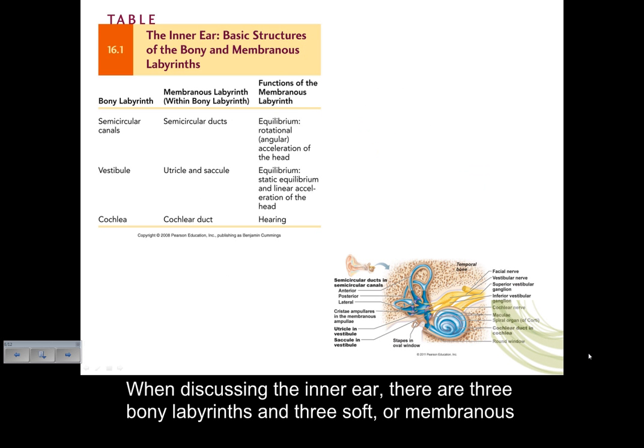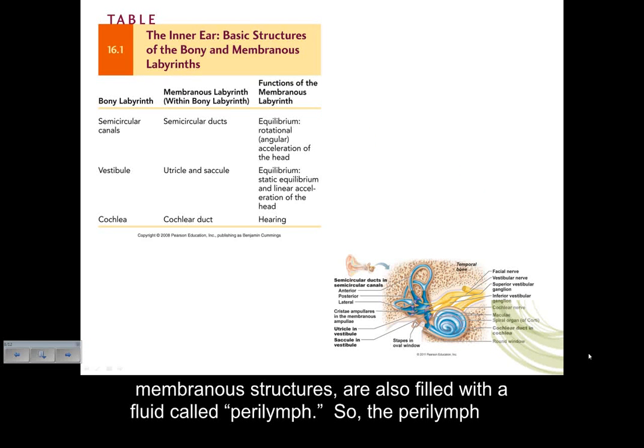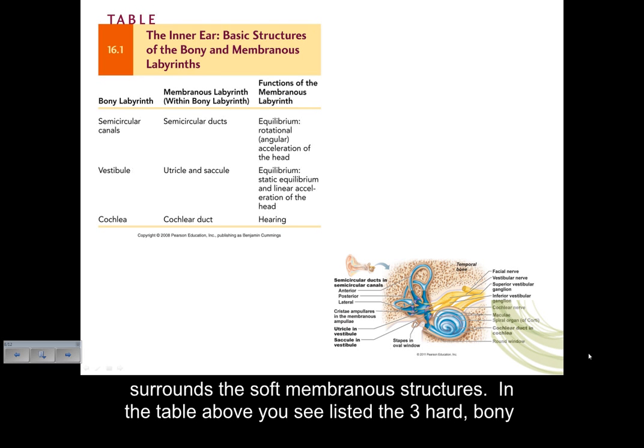When discussing the inner ear, there are 3 bony labyrinths and 3 soft or membranous structures that are housed in them. The bony labyrinths, in addition to housing the soft membranous structures, are also filled with a fluid called perilymph. So, the perilymph surrounds the soft membranous structures.